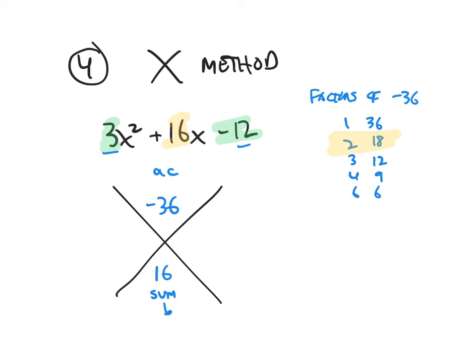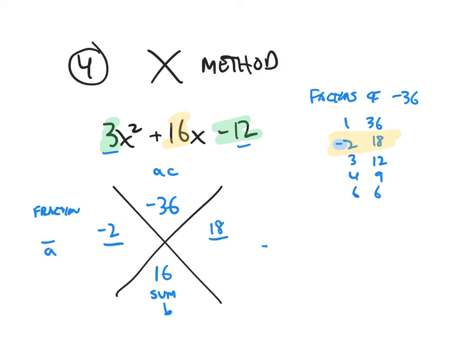In this method, we have to make this a negative 2. We put the negative 2 and the 18 in these boxes, and we put them as a fraction over the A value.